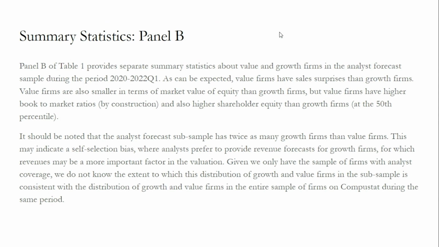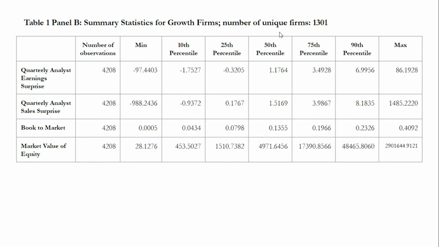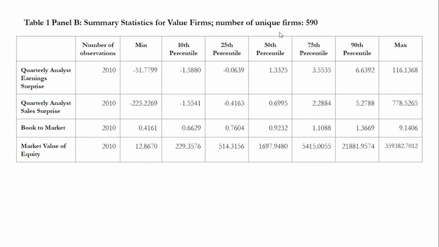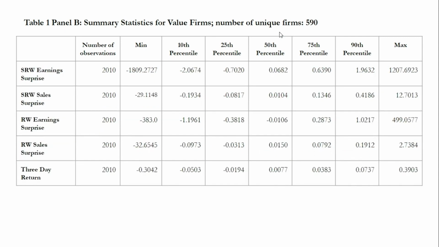As can be expected, value firms have, what do we say here? It's probably value firms have smaller sales surprises than growth firms is the guess.